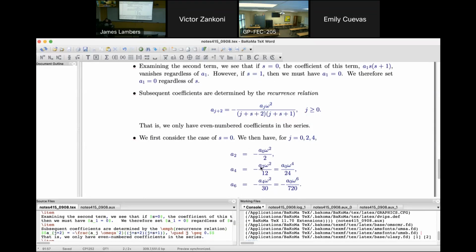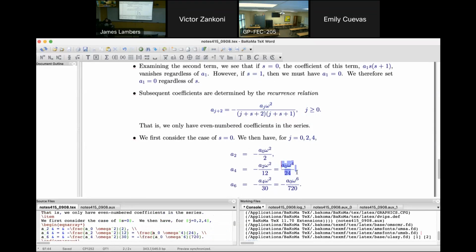And then here's a4 in terms of a2, just from the recurrence relation. But a2 is in terms of a0, so I can express a4 in terms of a0 also, and this is what I get. Similarly, a6 comes from a4, but then I substitute the expression for a4 in terms of a0. So everything is a multiple of a0.